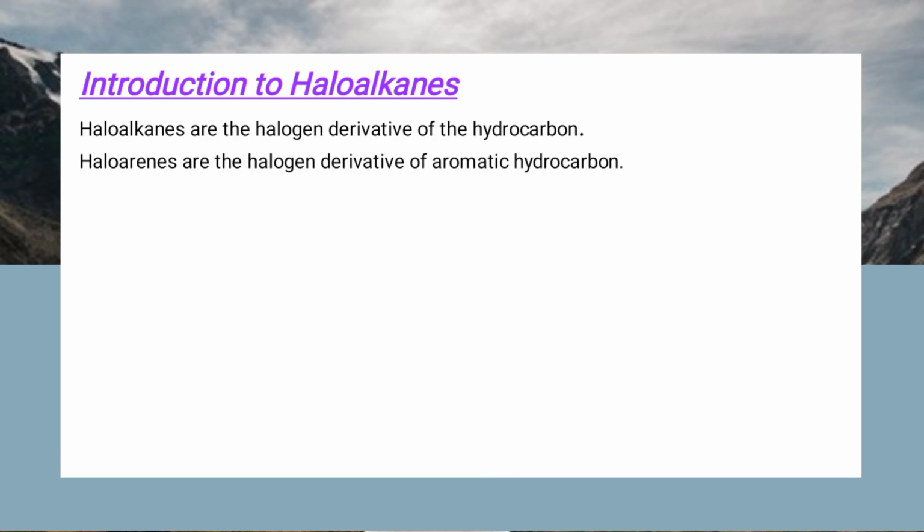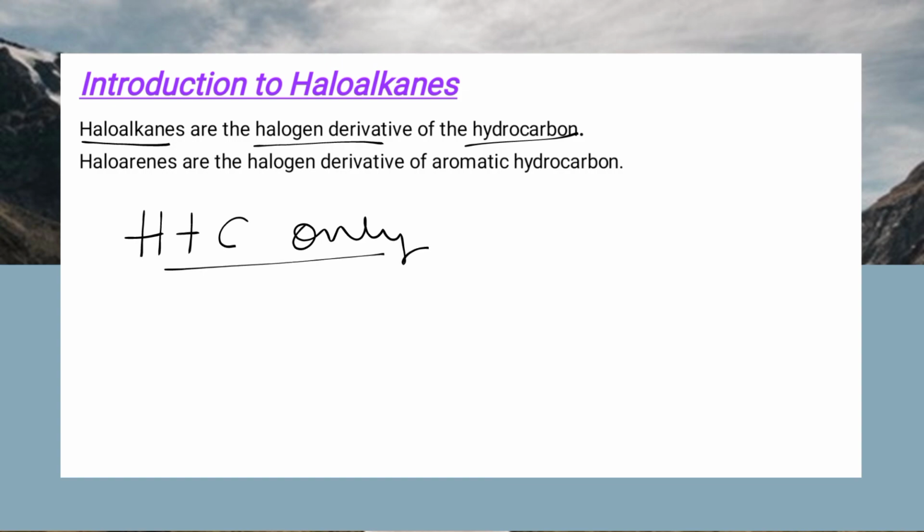So here is the introduction to haloalkanes. Firstly, haloalkanes are the halogen derivatives of hydrocarbons. What is a hydrocarbon? A hydrocarbon is basically a compound formed only by hydrogen and carbon.